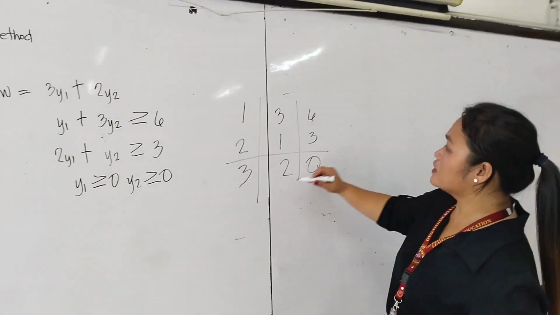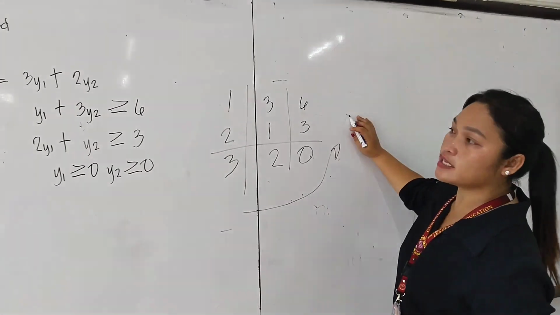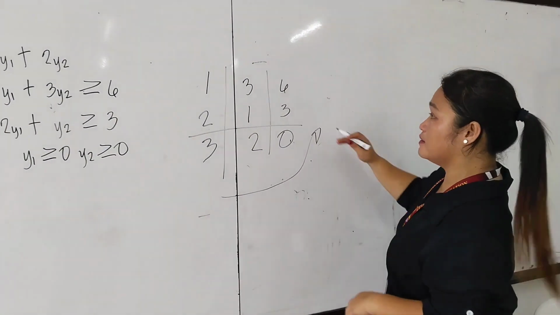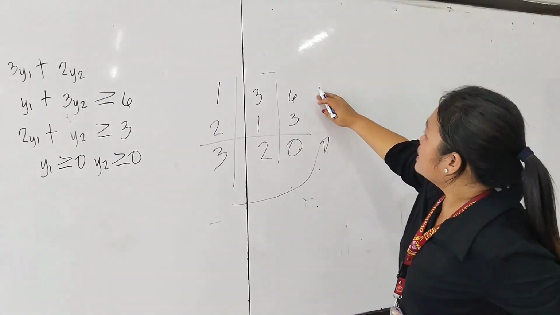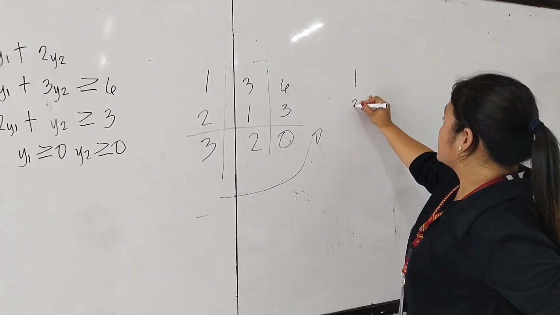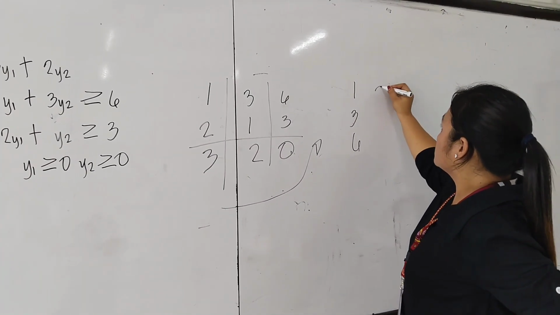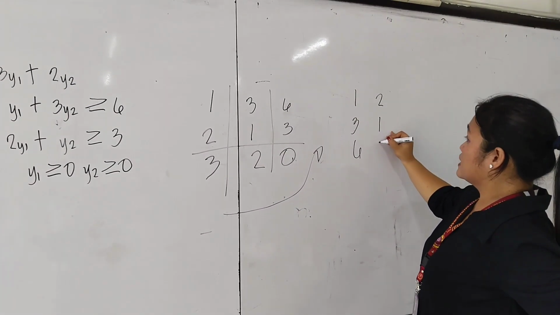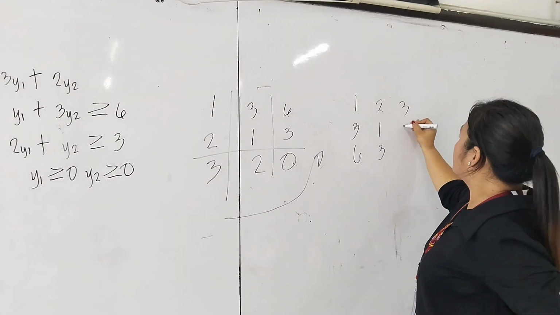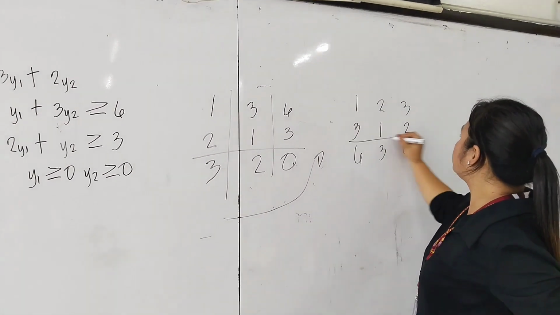We need to transpose this so that we can get a dual problem. In the columns, we put 1, 2, 3, then 3, 1, 2, then 6, 3, 0.